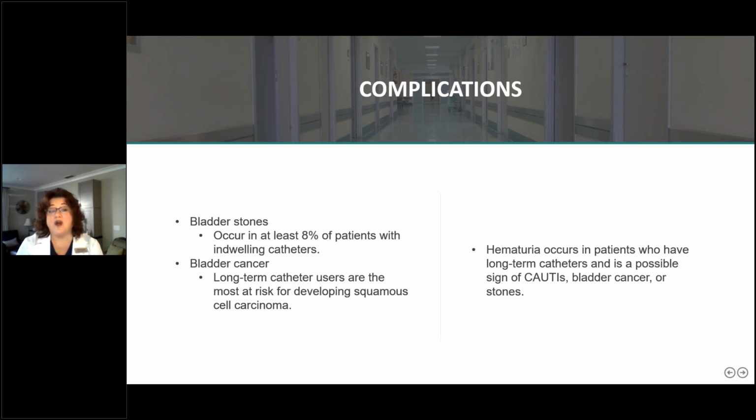And bladder cancer, long-term catheter use, that's a constant irritation, and they are most at risk for developing squamous cell carcinoma. Hematuria can happen with patients with long-term catheter use, and it can also be a sign of a CAUTI, and or bladder cancer or stones. So any hematuria needs to be reported, looked at, and figure out what is the cause of that.